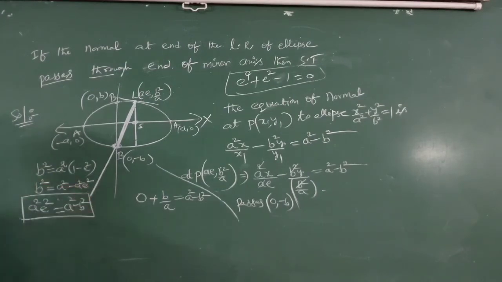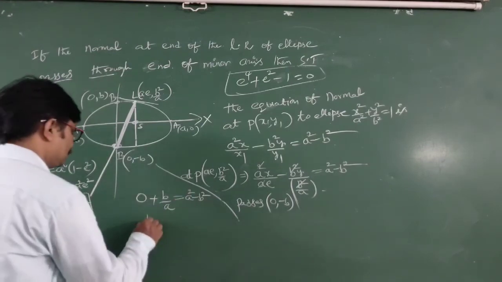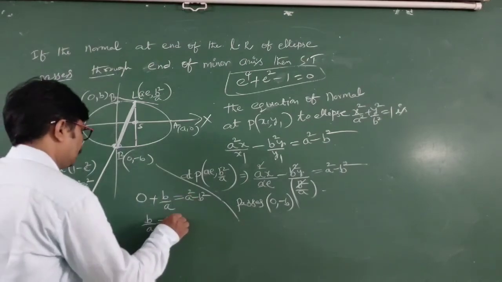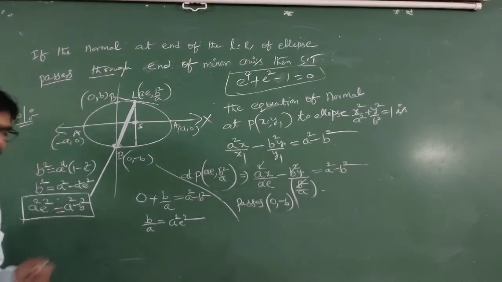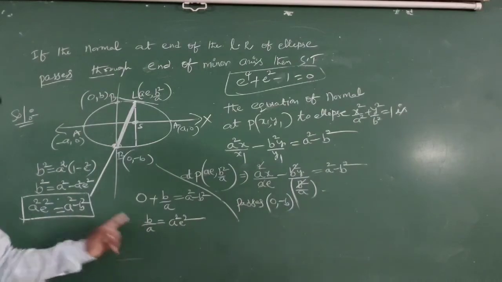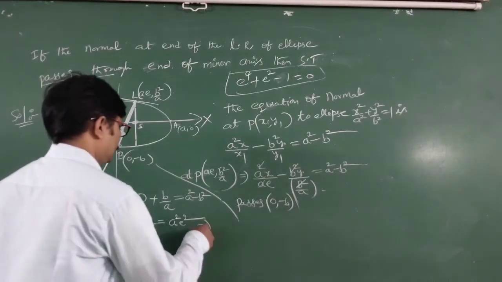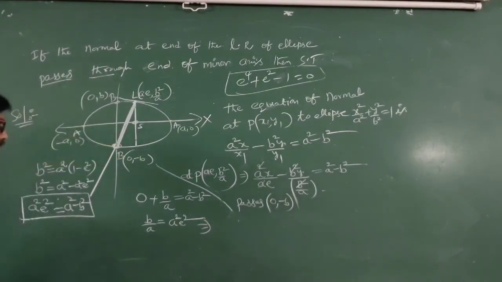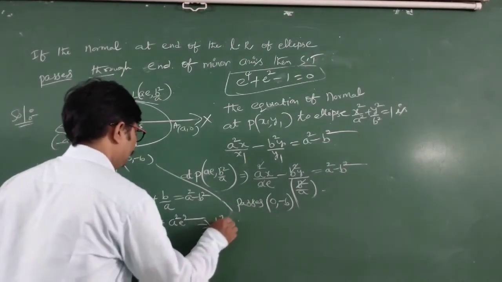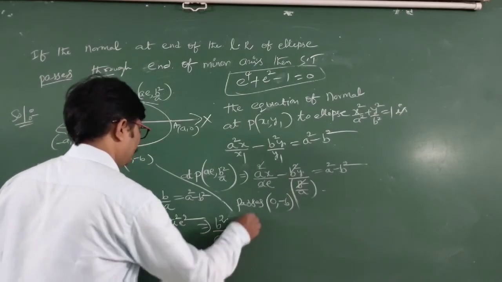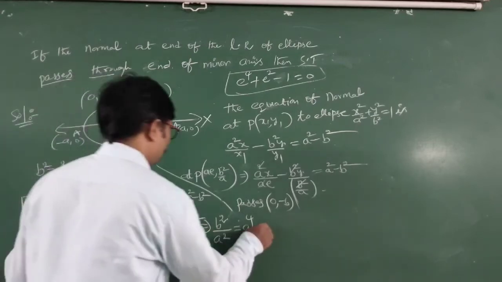So b by a equals a square e square. Now when squaring on both sides, when we take a square minus b square as a square e square, we get b square by a square equal to a power 4 e power 4.